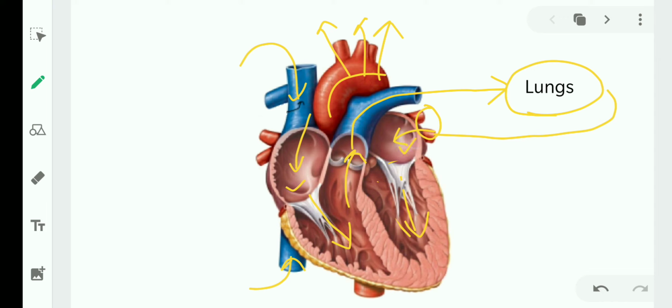So when the blood goes into the right ventricle, at the same time blood goes to the left ventricle. Similarly, both of the ventricles contract together. So when the blood goes to the pulmonary artery, via the pulmonary artery to the lungs, at the same time the blood pumps out of the aorta to the whole body.